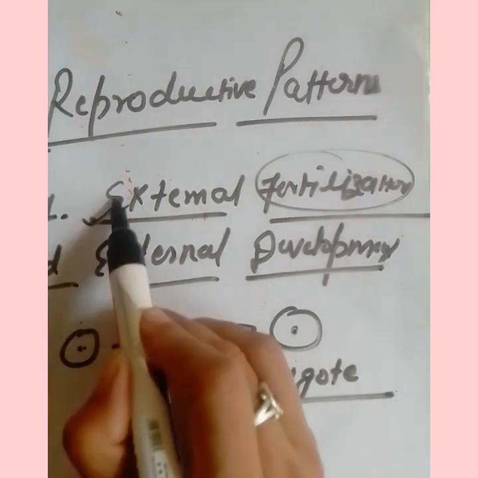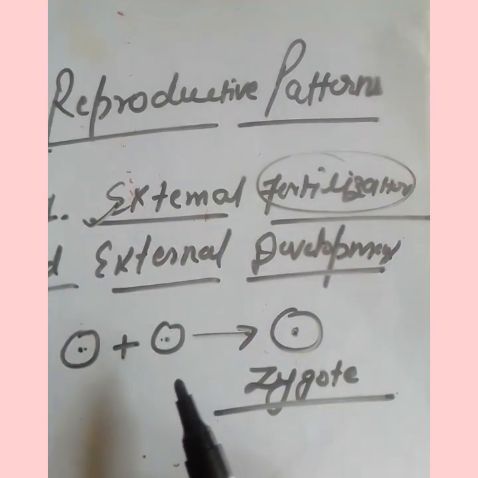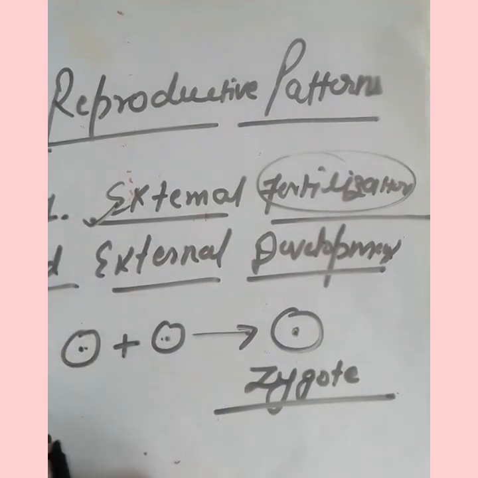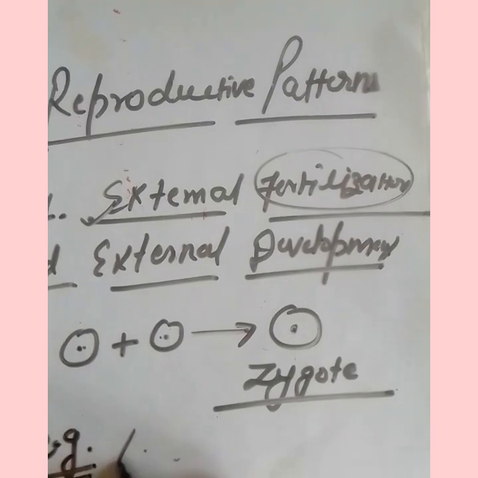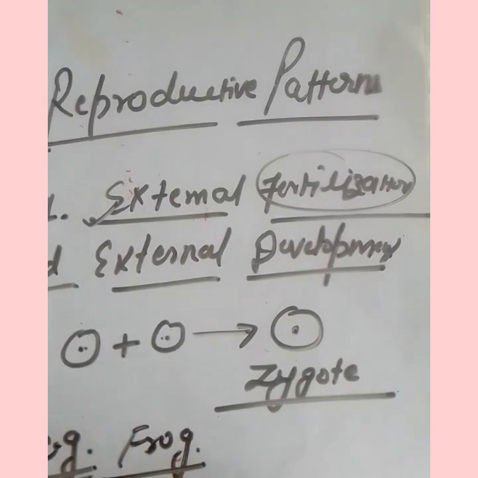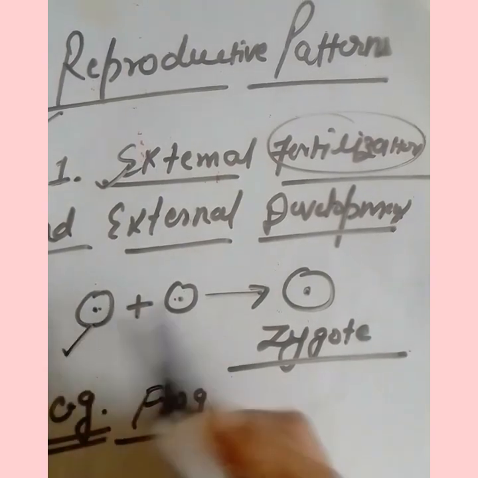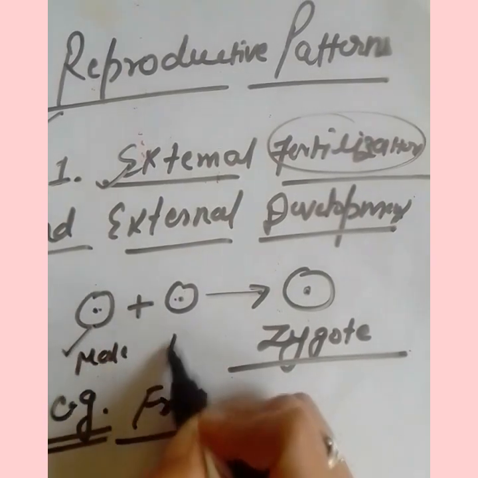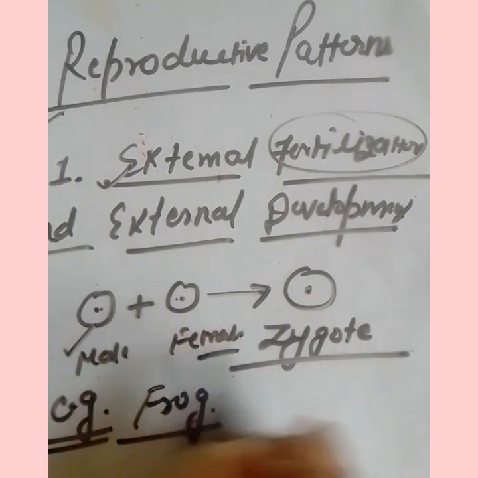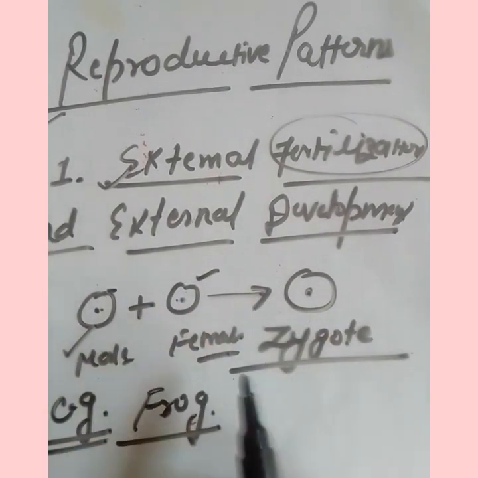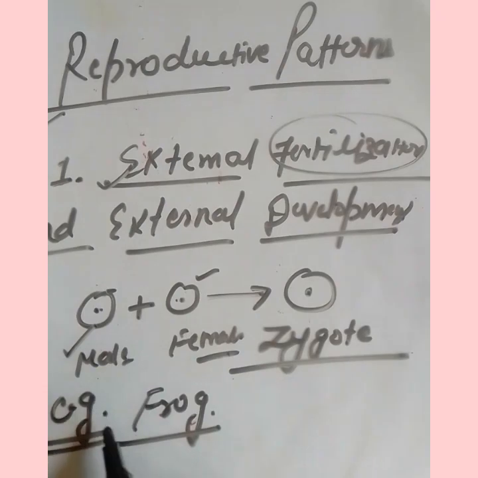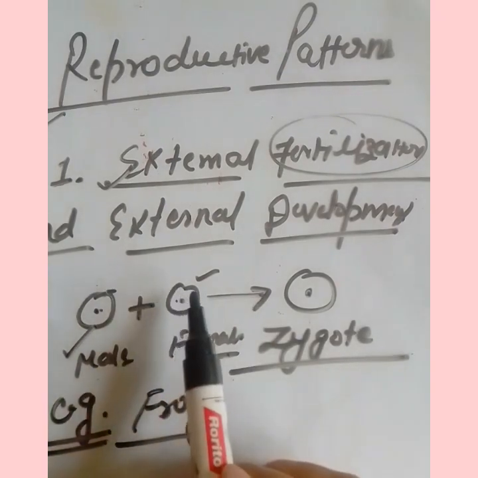Now external means outside. Here, first of all you should know the example: this type of development occurs in the case of frogs. Here the male gamete and the female gamete are released by the male frog and female frog respectively into the surrounding water.